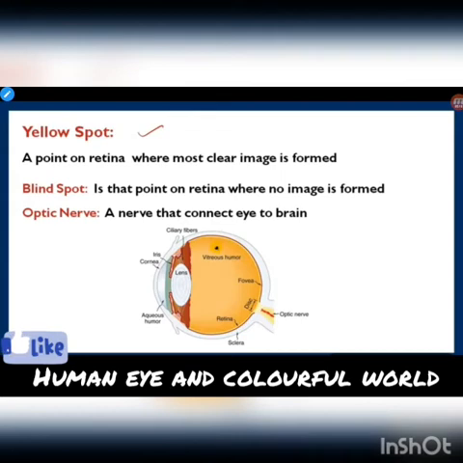The yellow spot is a point on the retina where the most clear image is formed. Another point is known as the blind spot where no image is formed. And as you know, the optic nerve is a nerve that connects the eye to the brain.